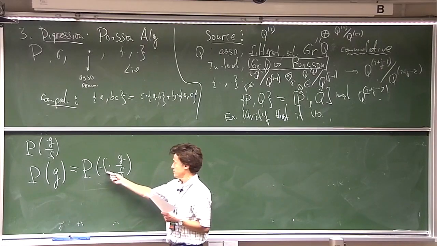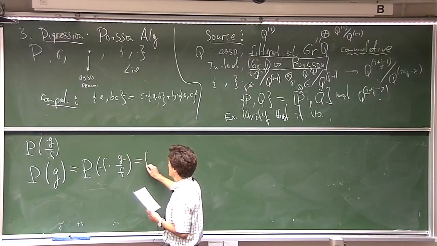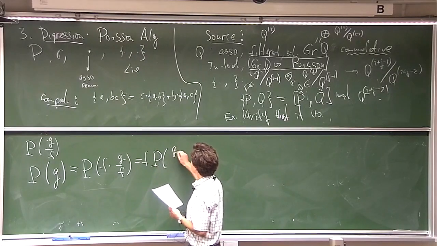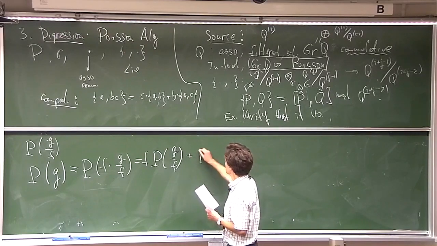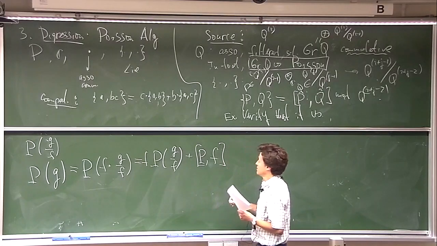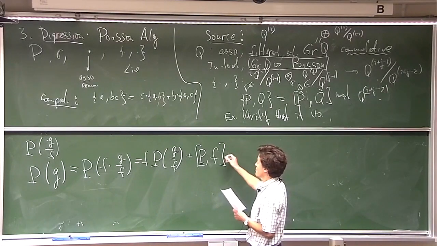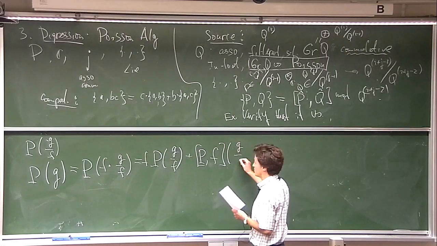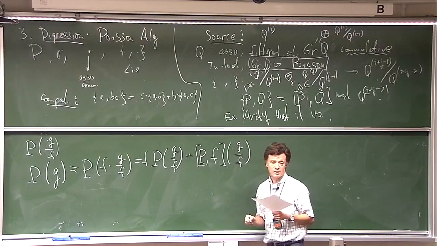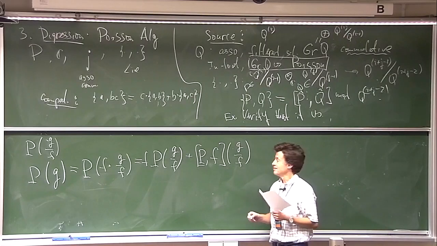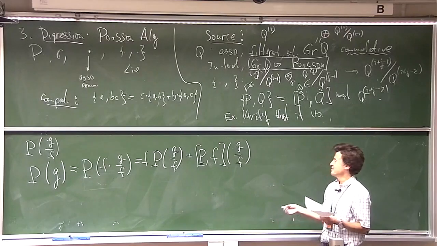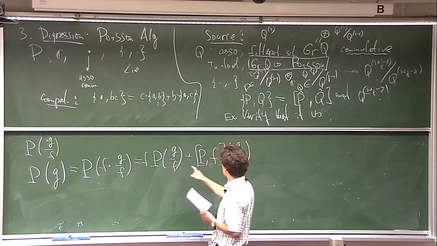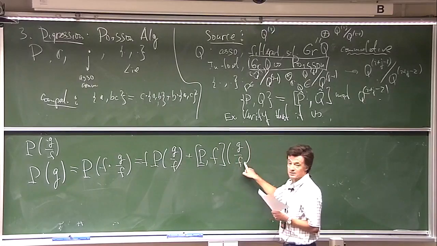And now we know how to swap P and f. Think of f as the operator of multiplication by f. So this equals f P of g divided by f plus the bracket of P and f. You must have observed I'm kind of wearing the hat of a physicist now. I'm computing without having a definition. So neither this nor this is known.